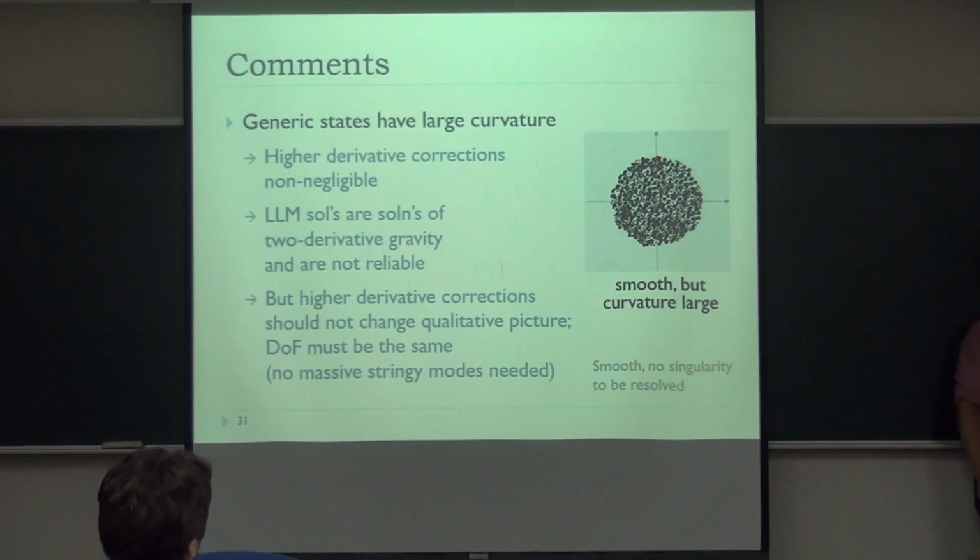So I thought you start from the free string spectrum, and you incorporate higher derivative corrections, but it's not supposed to increase the degrees of freedom, right? If your computation is reliable, yes. But if the background is not good enough, if your classical solution is not good enough, then it could change any statement you make from the classical analysis.